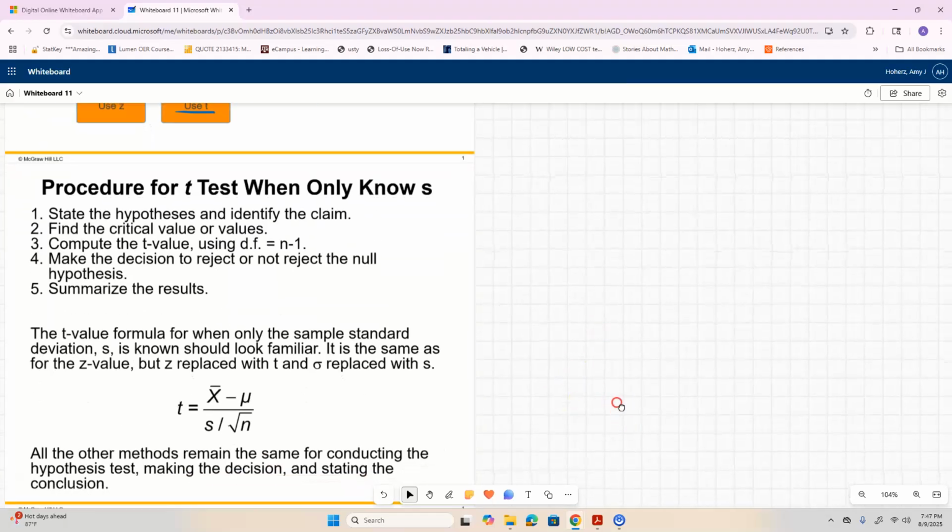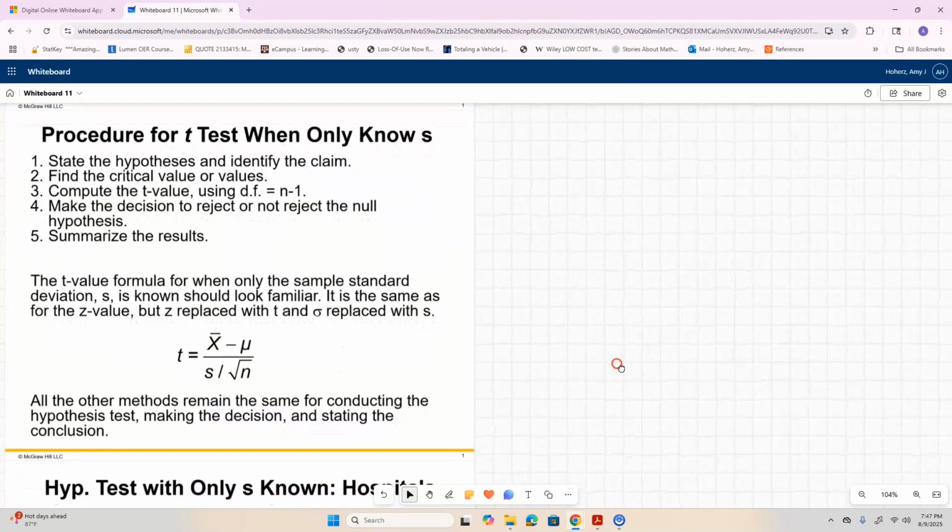Okay, so the procedure for the t-test when we only know s is very, very similar to what we were doing when we knew the sigma. The only difference is we still have the hypothesis and identify the claim, but we are always doing the claim on the alternative hypothesis. But first thing is hypothesis statement.